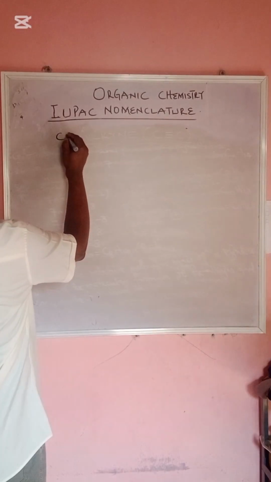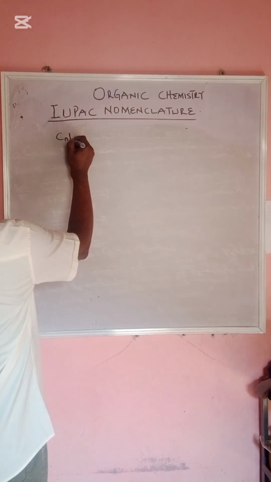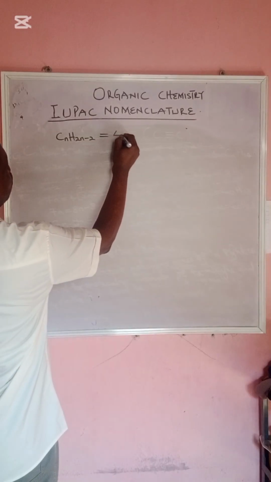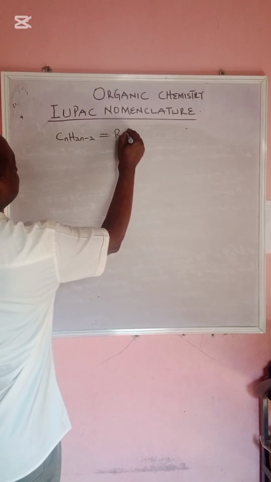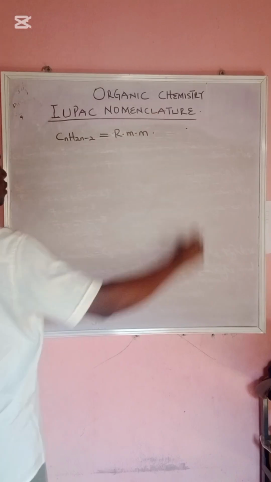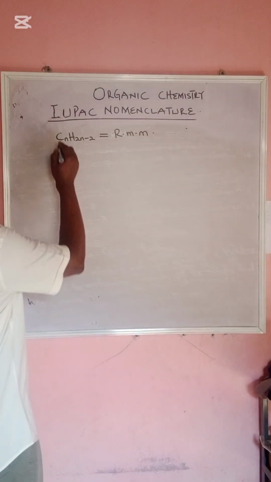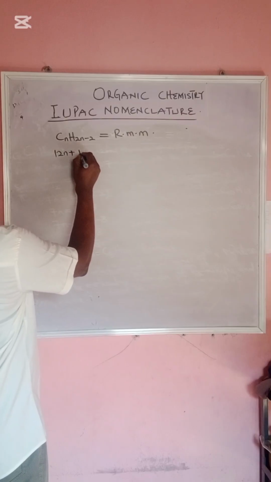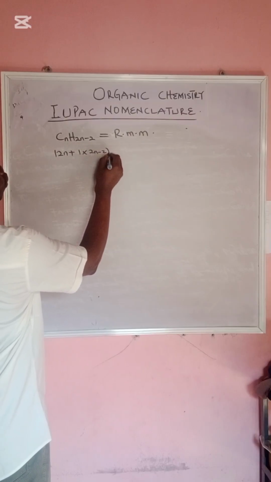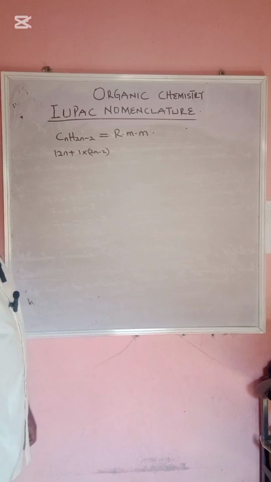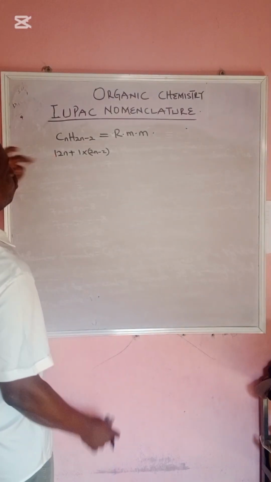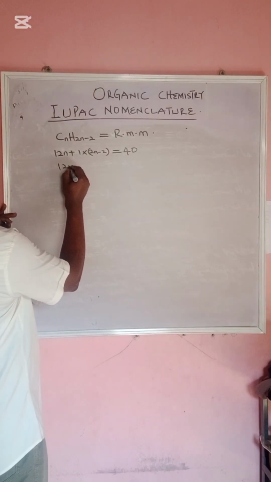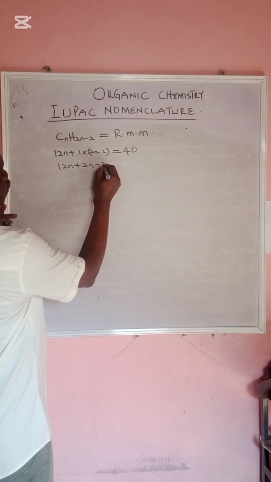The general formula for alkyne is CnH2n minus 2, and it is equal to the relative molecular mass. Carbon is 12, so 12n plus hydrogen, which is 1, times 2n minus 2. Hydrogen has mass number 1, while that of carbon is 12. So this is going to be 40. 12n plus 2n minus 2 is equal to 40.